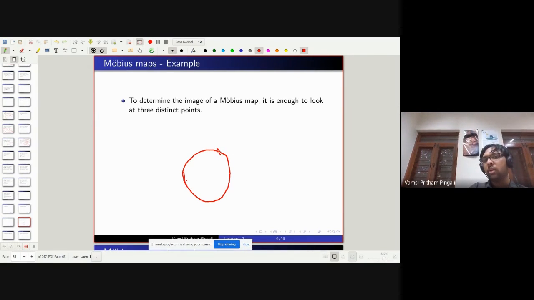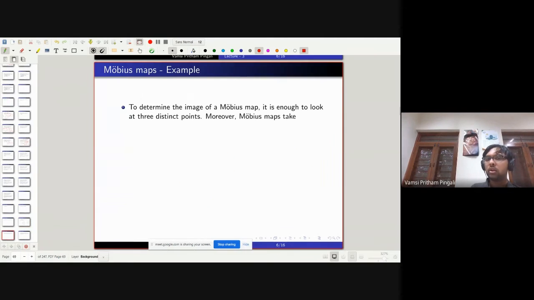So if I want to determine what a Mobius map looks like, I determine where these 3 points go. Suppose for the sake of argument, I know that these 3 points go to 3 other points that lie on some other circle. There is a unique map that goes from here to here. So on paper, I can determine where every other point goes. But this is too vague. We'll just have to see what this means more concretely.